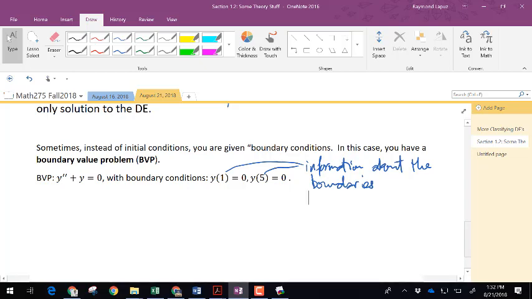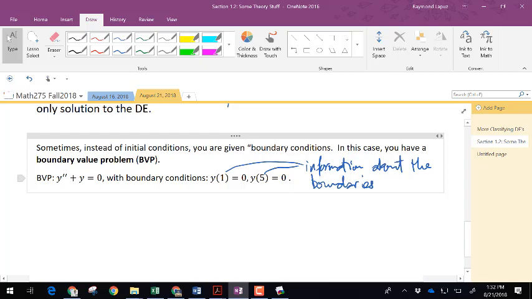For this one, it could, but it actually might not give you a unique solution. Not necessarily, because I can have these two problems with y of 1 and y of 5 equal to 0.